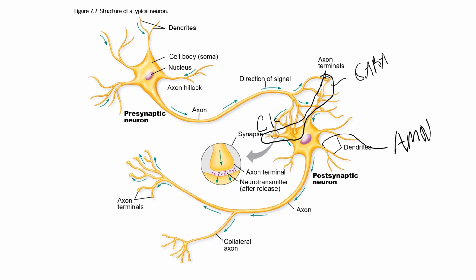And then what chloride will do is it will enter into the alpha motor neuron because it has an increased permeability. And now the alpha motor neuron is gaining these negatively charged chloride ions. So what's going to happen to the alpha motor neuron is it's going to hyperpolarize. It's going to become even more negative. It's going to go from -70 to -75 or -80, right? It's going to become even more negative.